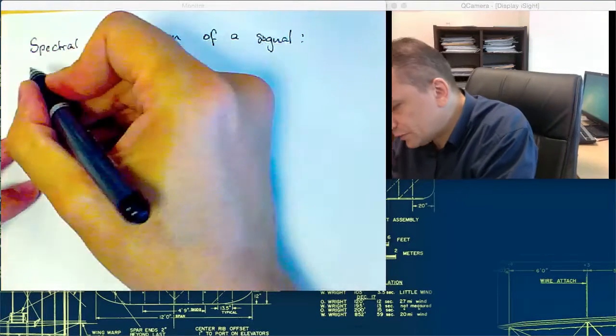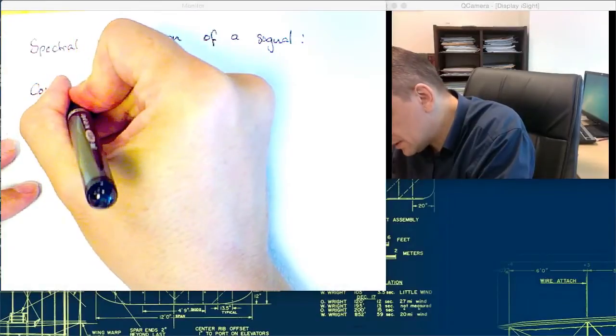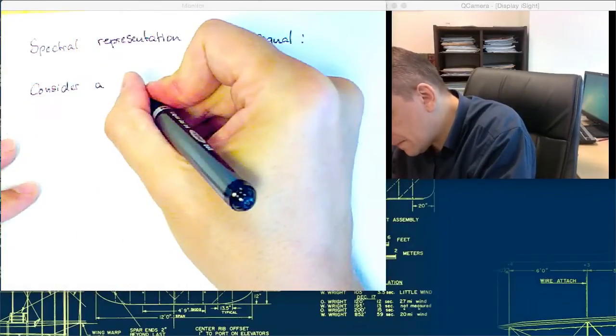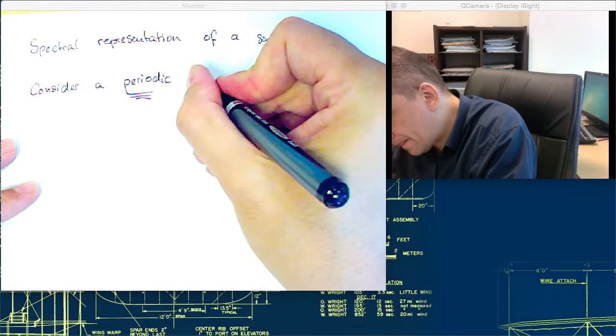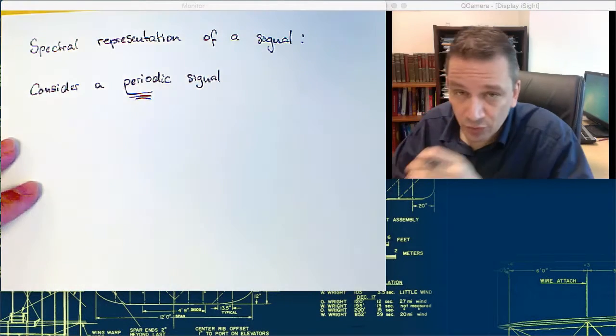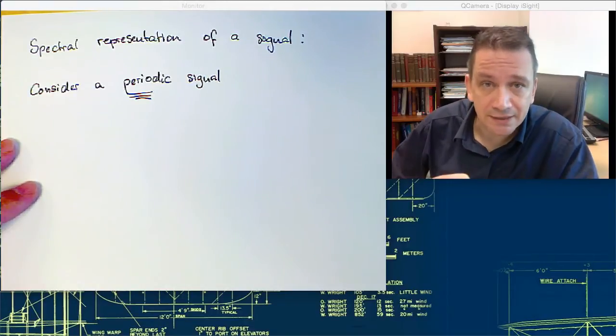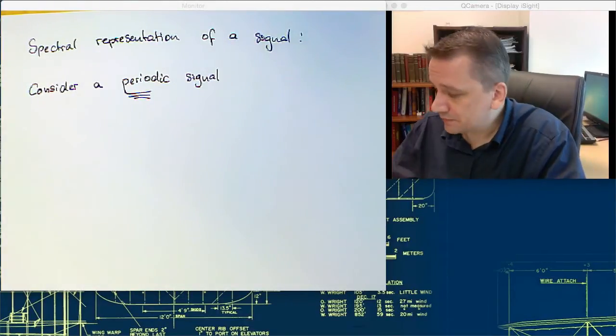And first we will consider a periodic signal. We're going to derive that for a periodic signal, and we're going to go about the implications of that a bit later.